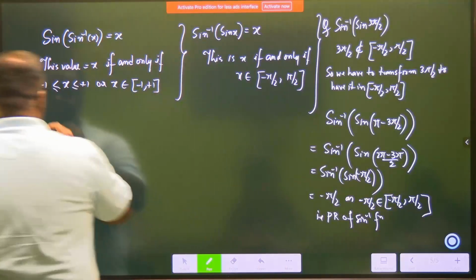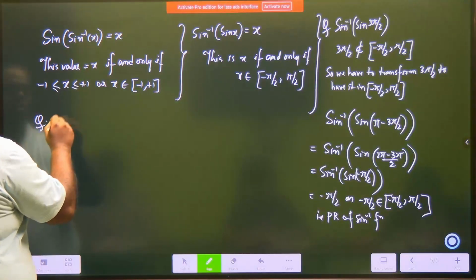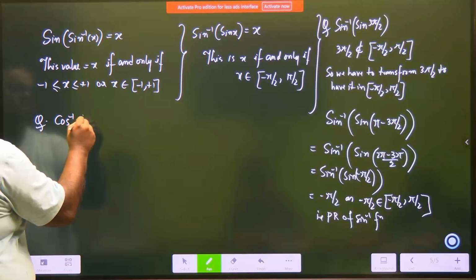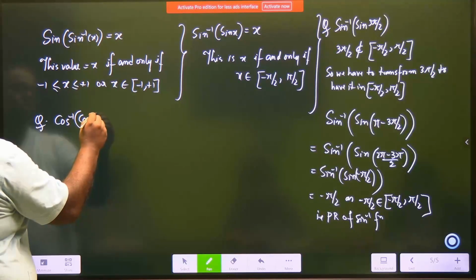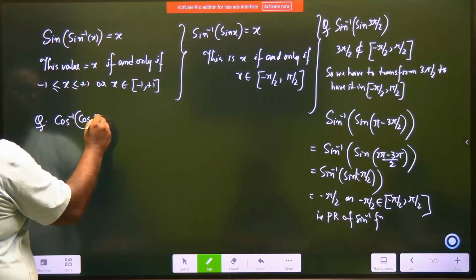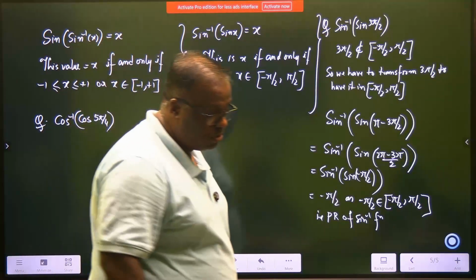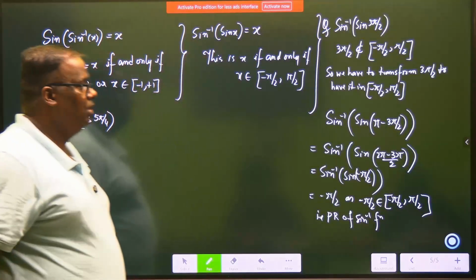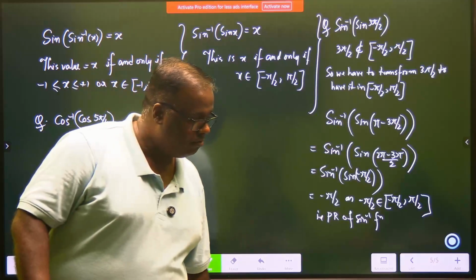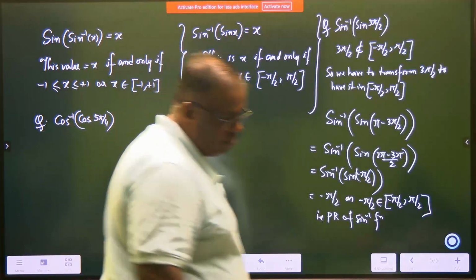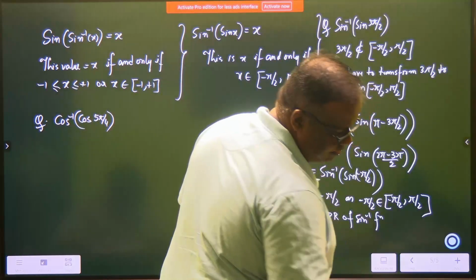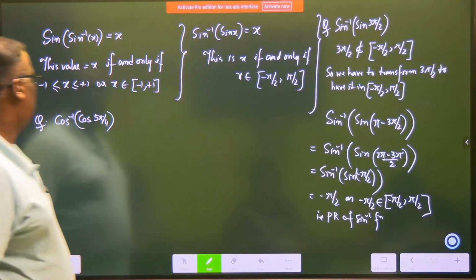One more problem. Cos inverse cos of 5 pi by 4. Now, look at this problem.